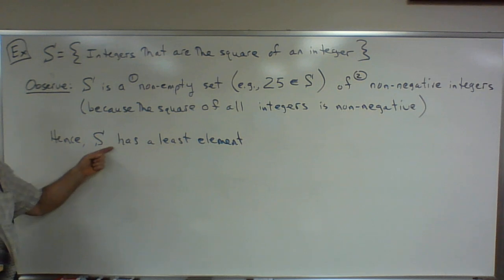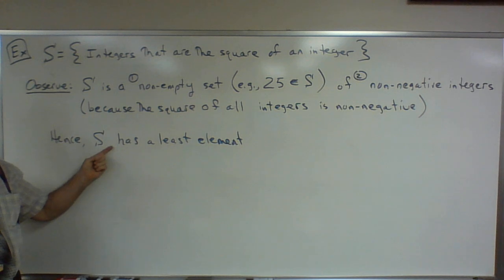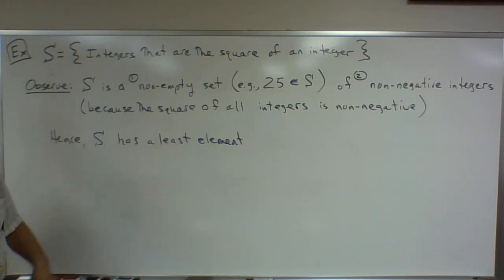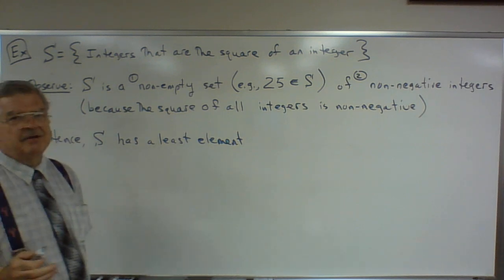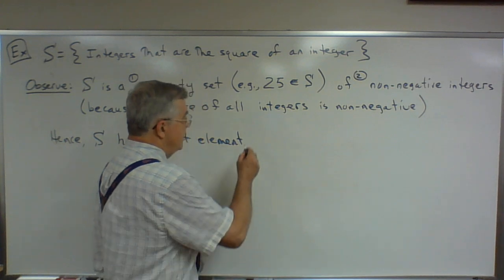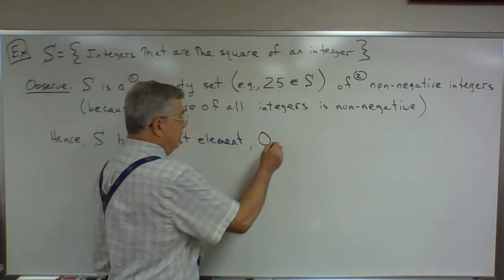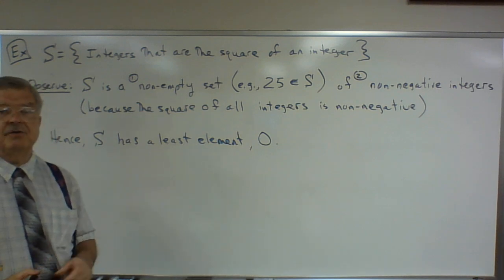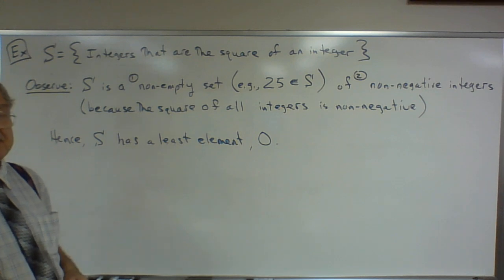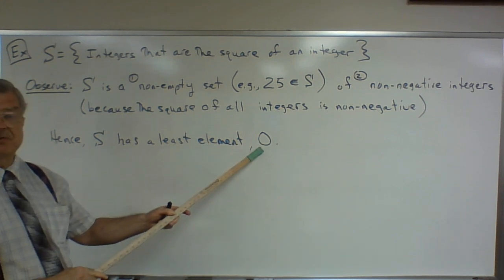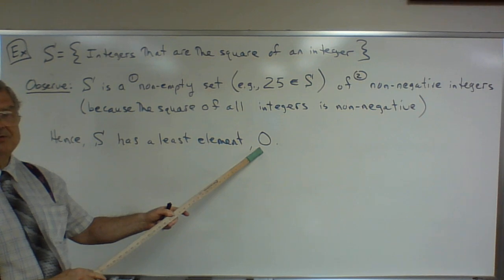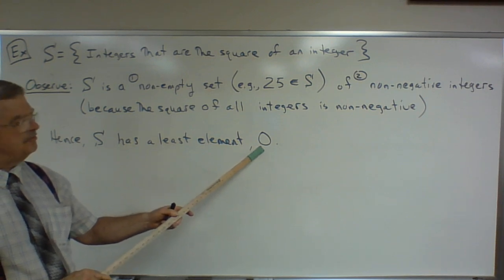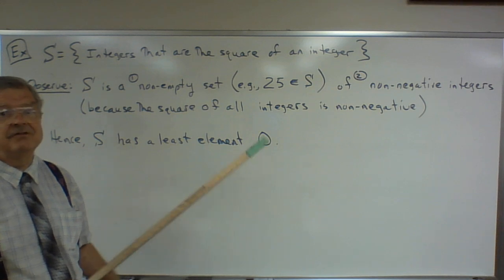Because of this, the well-ordering principle guarantees that S has a least element, an element that is less than or equal to all other elements of the set. And that least element is 0. 0 is the square of an integer, right? 0 is its own square, and this is the smallest non-negative number that there is.